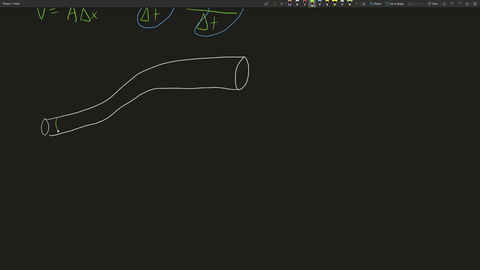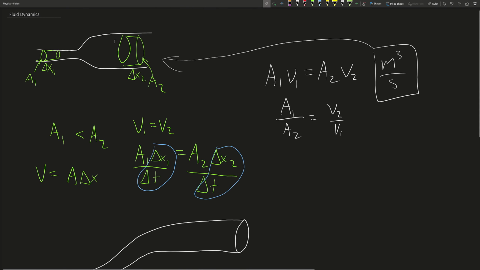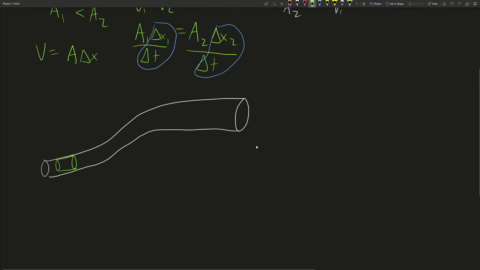So let's just say we take this column of fluid here, and it has a set mass. And then at this side, since we saw here the volume has to be conserved, which means mass has to be conserved since the fluid is incompressible, it will occupy something like this volume of space.